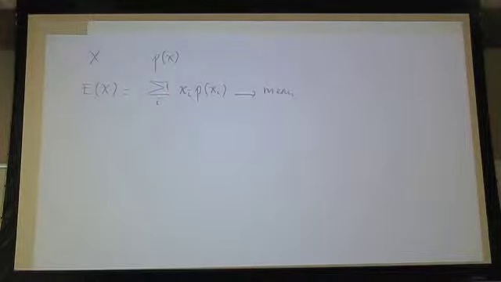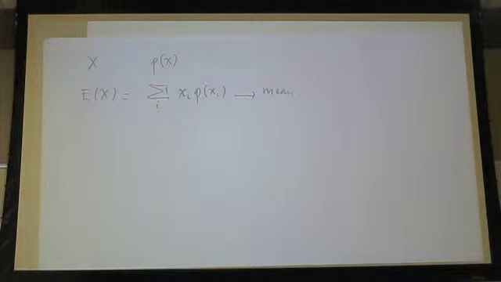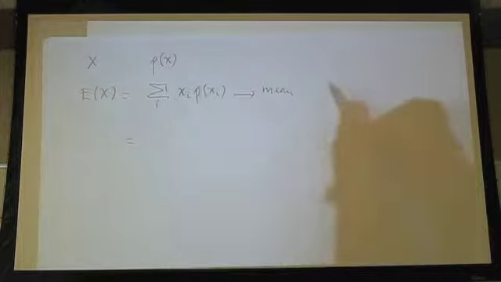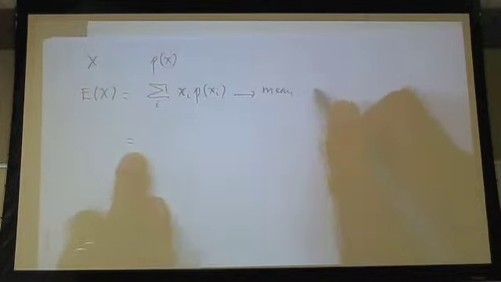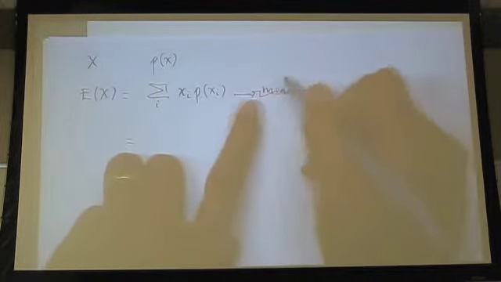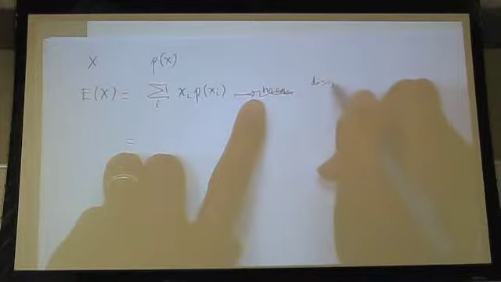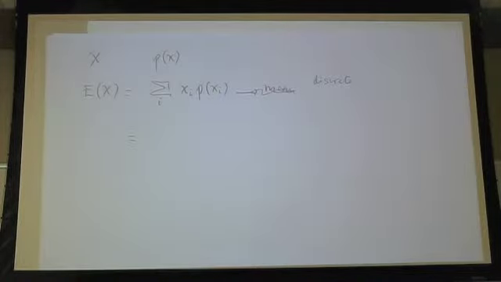And now, if it is a continuous random variable, what do you think I'm going to define it as? This one right here is for when it is discrete. If it is continuous, what do you think the analogue of it is going to be?